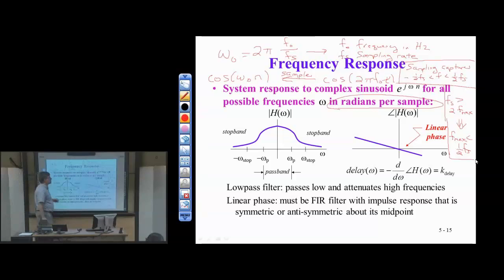So our sampling will capture frequencies from minus half the sampling rate to half the sampling rate. And whether those endpoints get included or not is an interesting discussion. We certainly need to include one of them for the periodicity to hold. But if we include both of them, the periodicity doesn't hold anymore. We have to include one of the endpoints to be strict about this. I don't care which one you include. Okay, so I have to include one of the two, but not both.